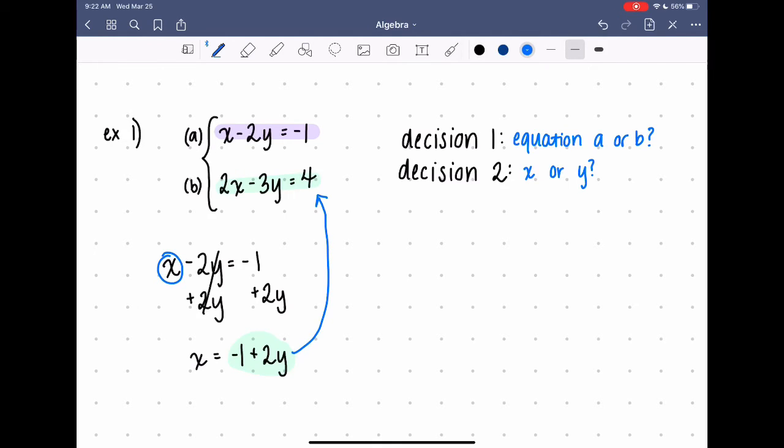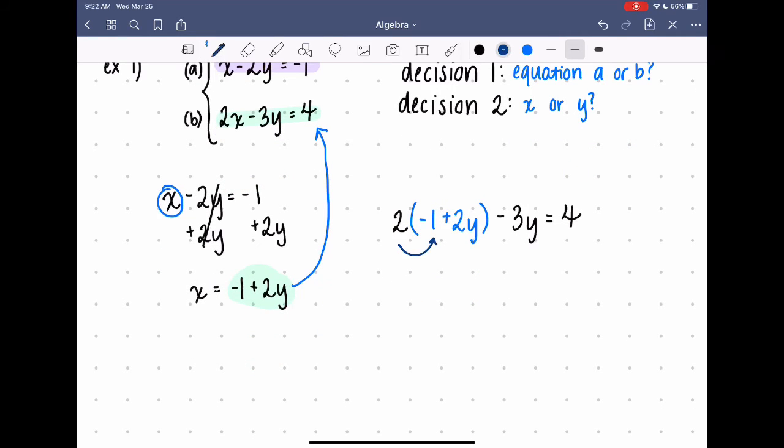Right here. So let me rewrite that. I have 2 times my whole x value, (-1 plus 2y), minus 3y equals 4. Now this sets me up for some distributive property here. So that'll become -2 plus 4y minus 3y equals 4.